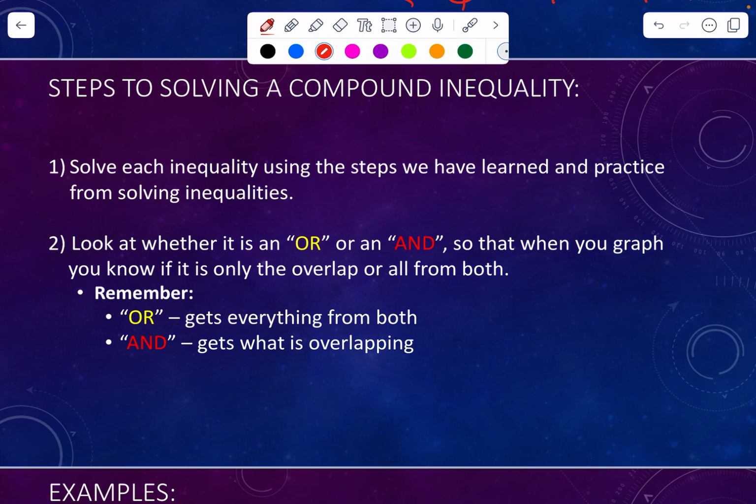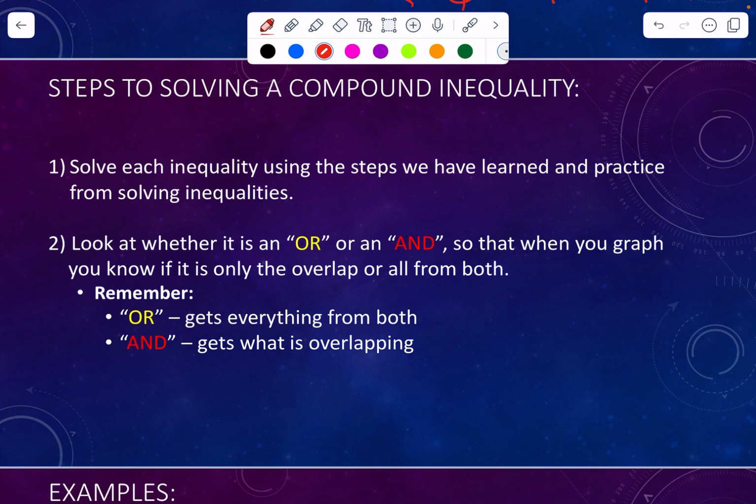To solve them is not much different than what we've been doing. The difference comes at the very end when we get ready to graph. So the steps are: first, you solve each inequality using the steps we have learned and practiced so far. Second, we look at whether it is an and or an or statement, so that when you graph, you know if it is only the overlap or all of the graphs from both.